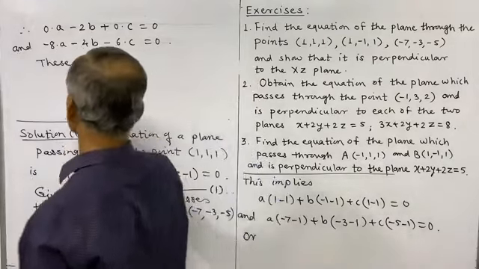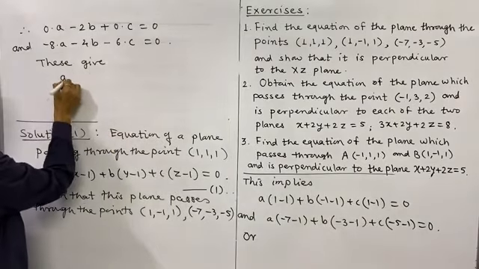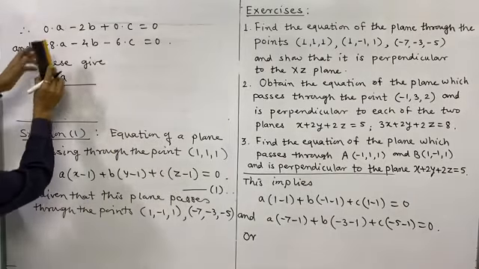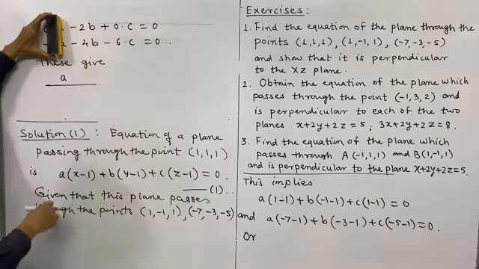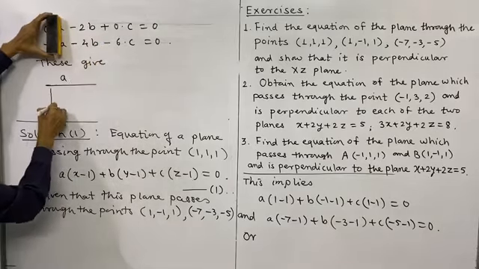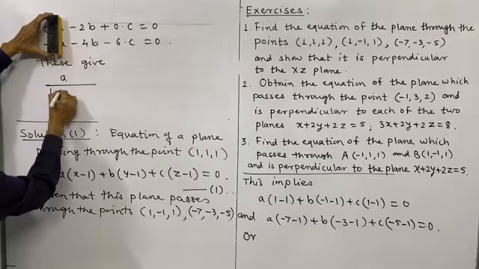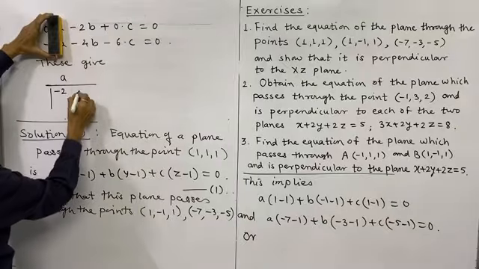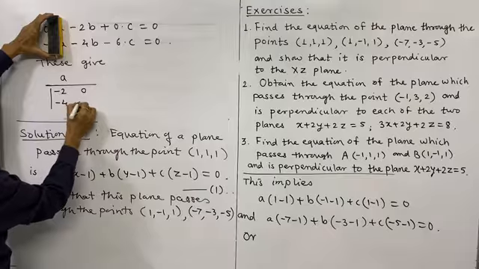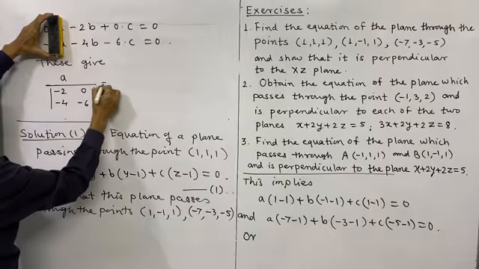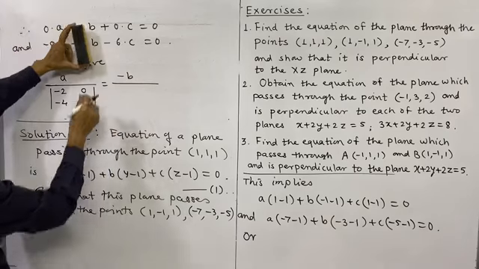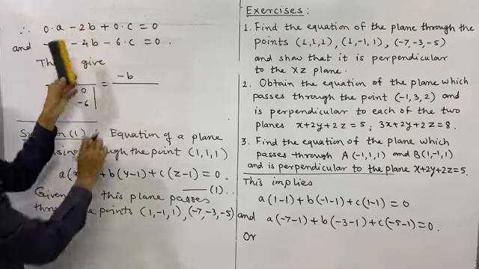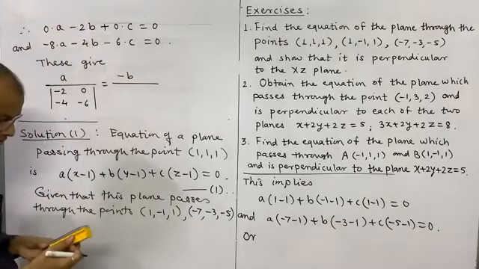We may use Cramer's rule and write a divided by, hide this column and write the coefficients of the remaining in the form of a determinant, minus 2, 0, minus 4 and minus 6, is equal to negative b divided by, hide this. This second sign must be opposite, we have to note.